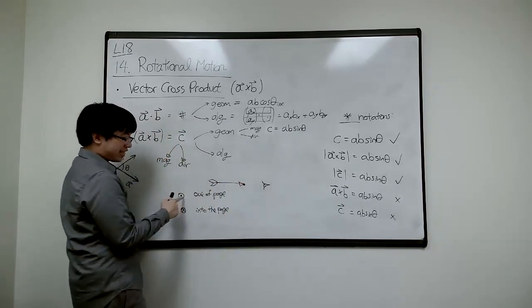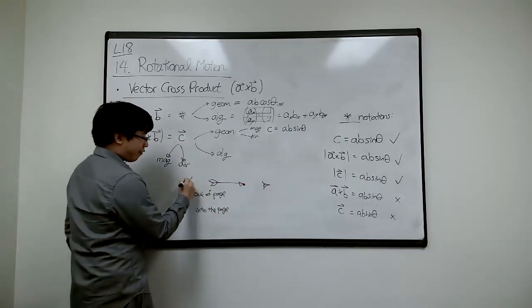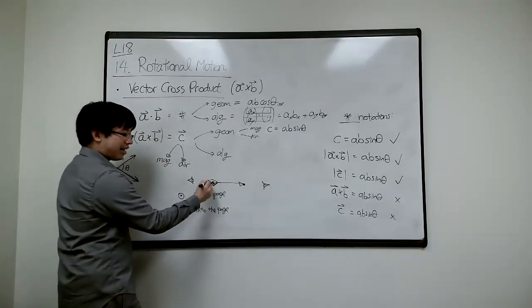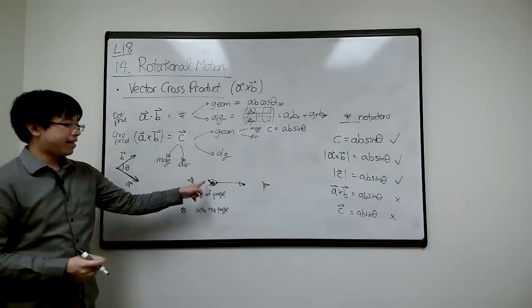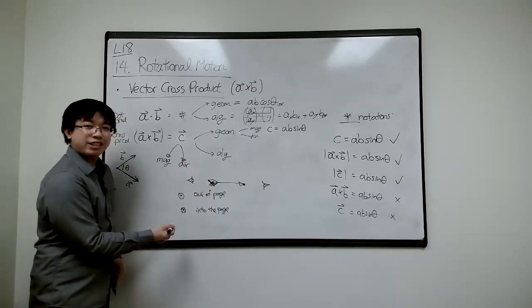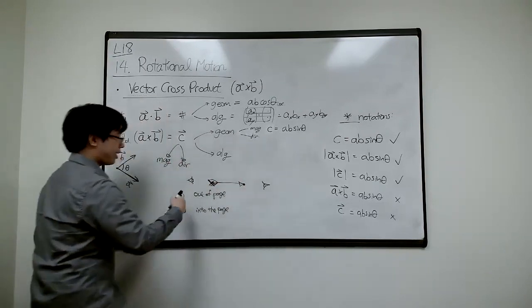So a dot means it's like an arrow coming out of the board. And if you look at it from the back, you see the feathers and you see the cross first. So when you see the cross, it's like an arrow going into the page. And when you see a dot, it's out of the page. So that's a good mnemonic to remember.